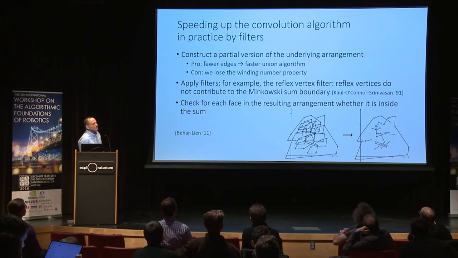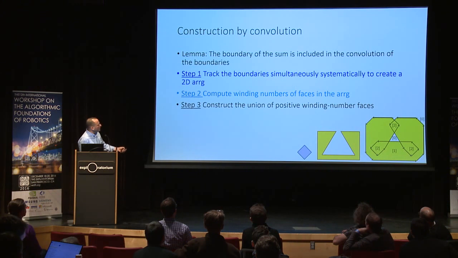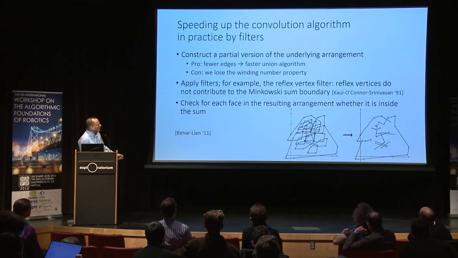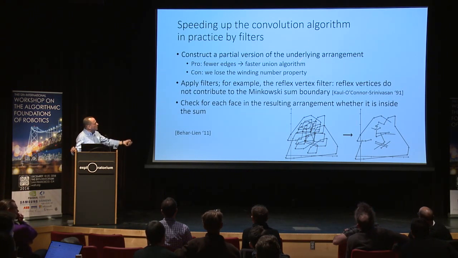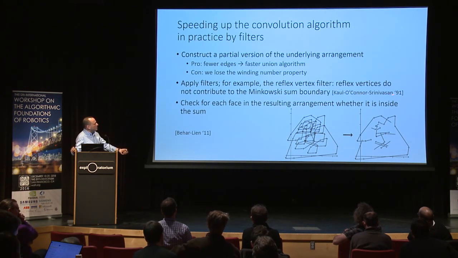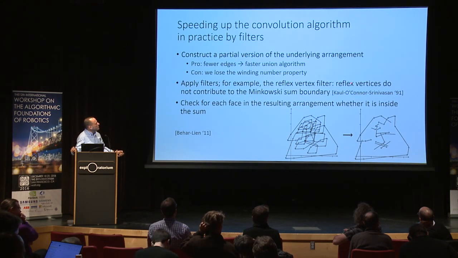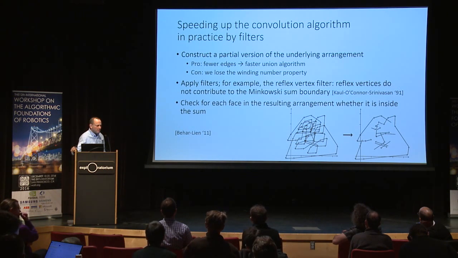So people suggested, let's not take the full convolution. The full convolution may have too many edges. Let's try to throw away some edges. And there is a well-known observation, again from over 25 years ago, that you do not need to involve reflex vertices of the original summands in the sum.